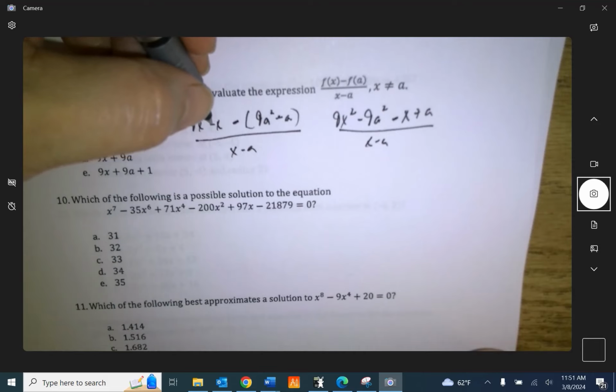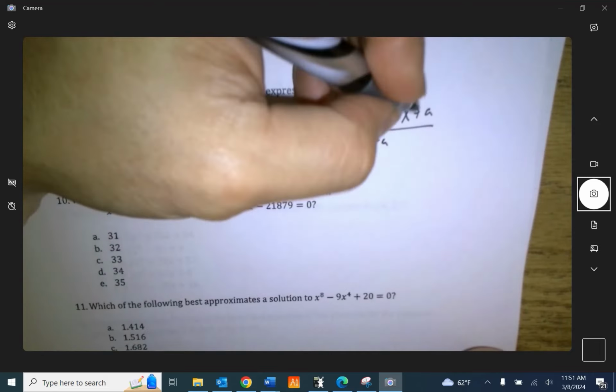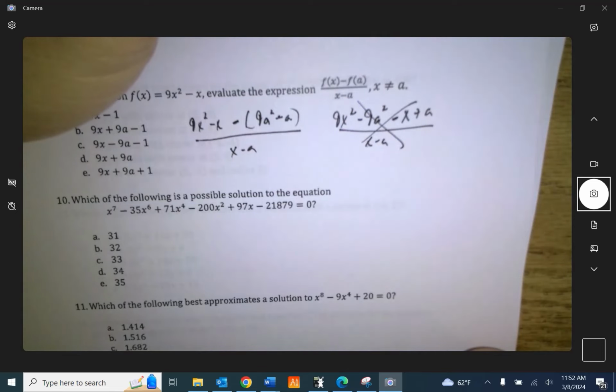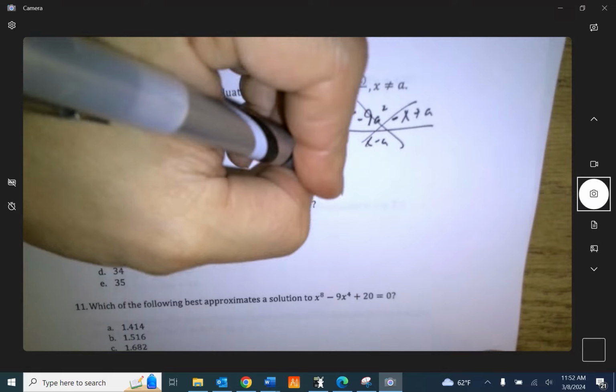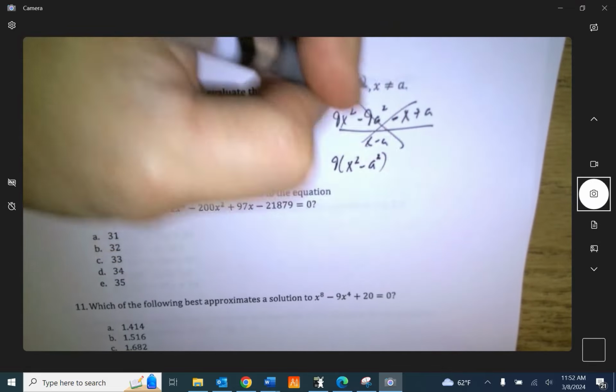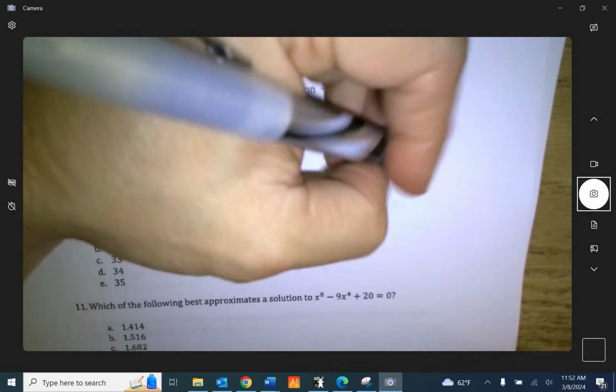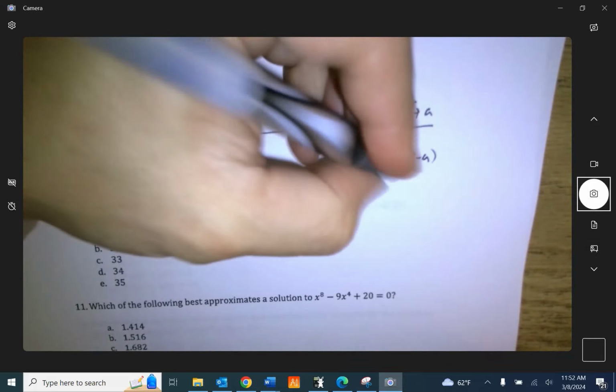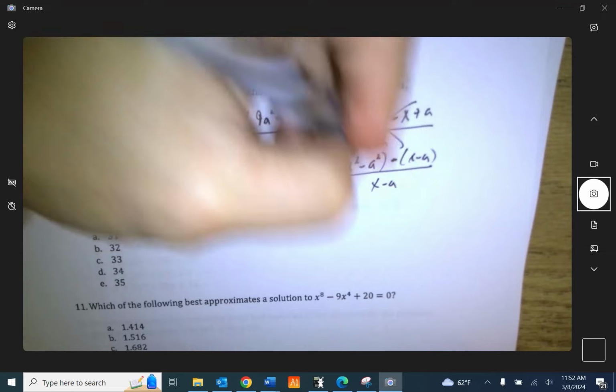Okay, I think I see it. That might not have been a proper grouping. Yes, it was. I can pull the 9 and I have x squared minus a squared. I can pull the negativity and I have x minus a. Again, it's all over x minus a.